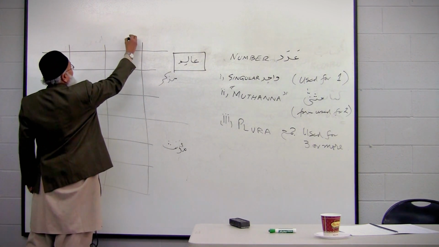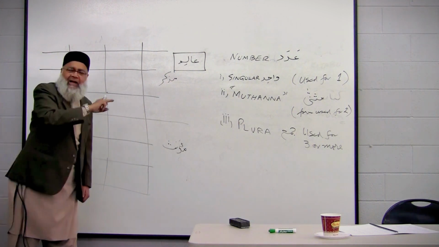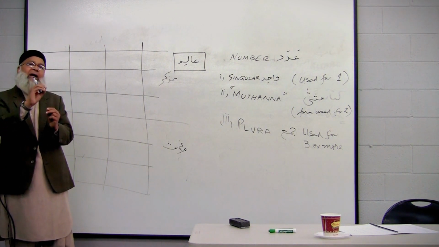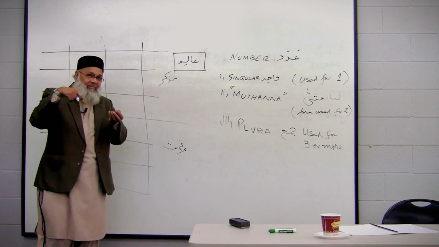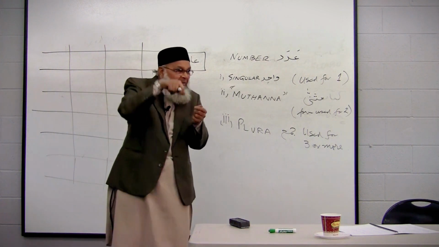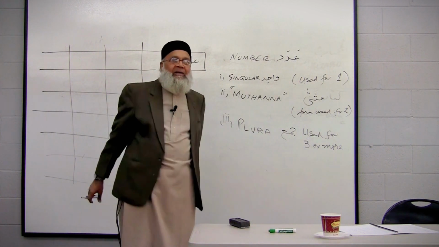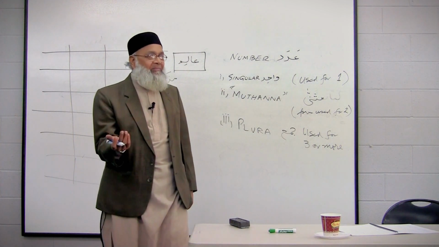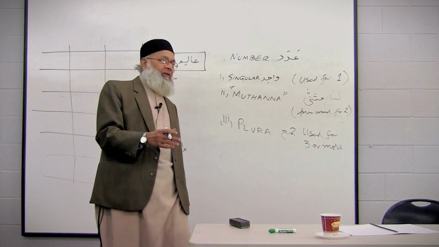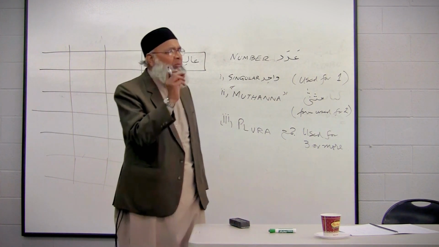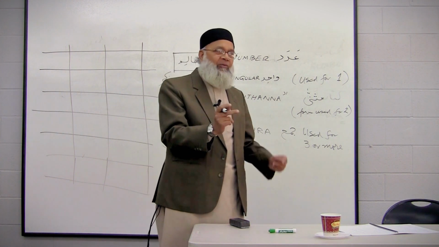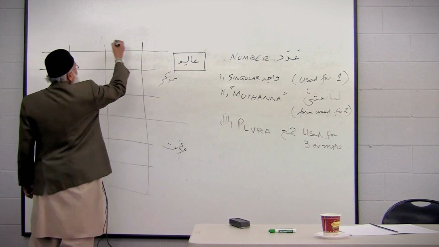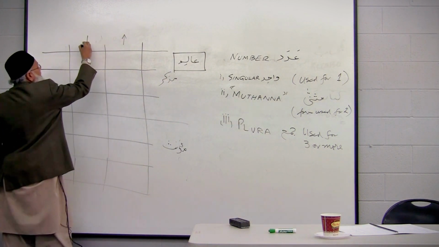Here you will have the form of i'rab. You know, i'rab will go side by side. From the very first day, you have to keep in mind that a noun has an i'rab. If you insert this with the noun from the very first day, inshallah, you will be into Arabic very soon. But if you keep it separate, then you will have to exert a lot of effort to memorize everything. You don't have to memorize everything. You have to bring it to a formula. So, in this direction, it will have rafa, nasab and jar form.